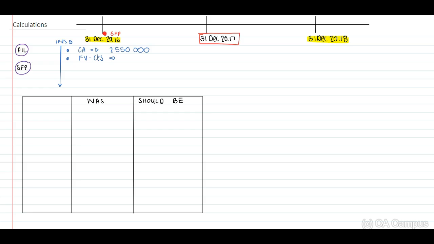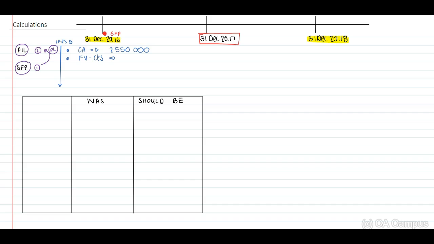My personal opinion, I will focus on my statement of financial position, and as I do this, I will identify if there are amounts that have an effect on my P&L, and I will indicate that on my calculations.